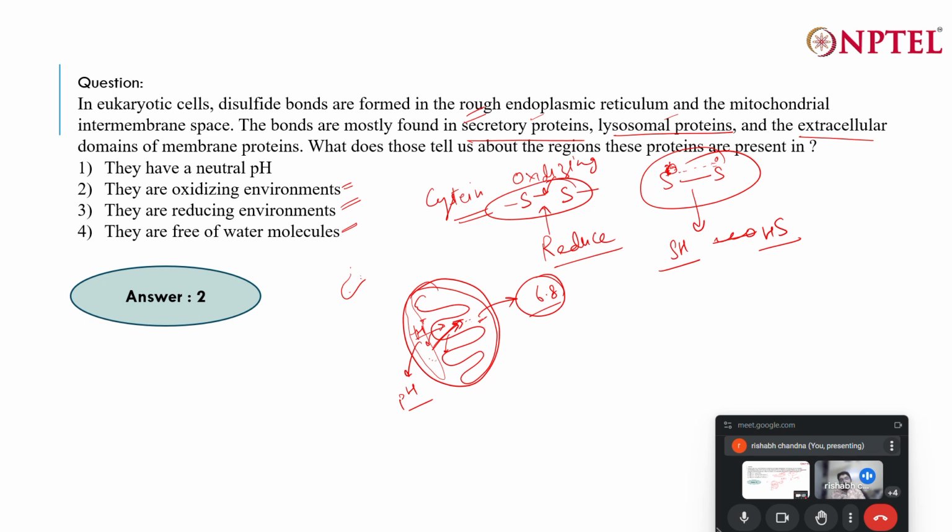So in the endoplasmic reticulum a somewhat oxidizing environment is maintained, because the secretory proteins are folded there, not formed. So a somewhat oxidizing environment is maintained there.